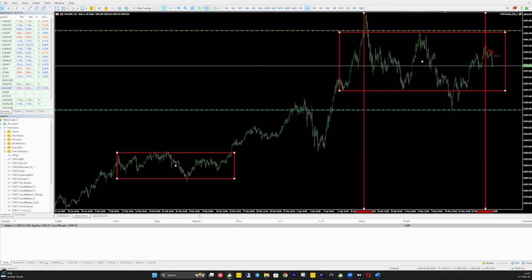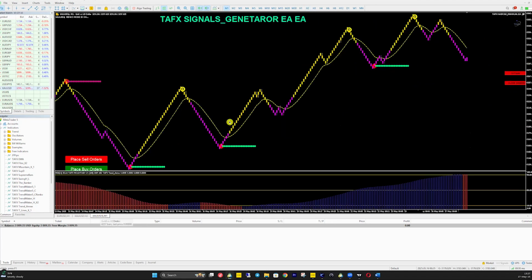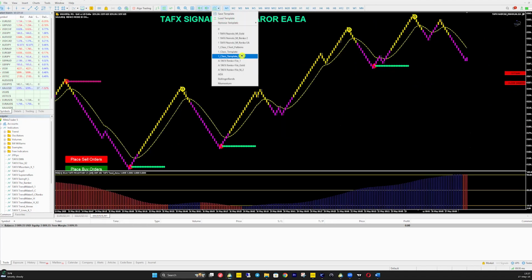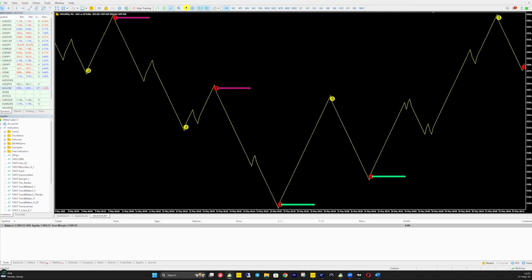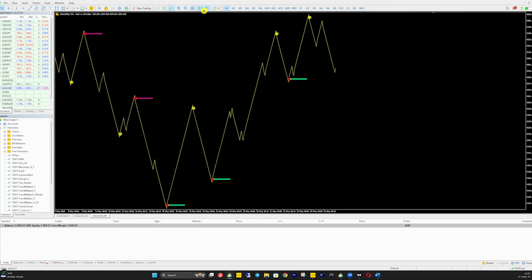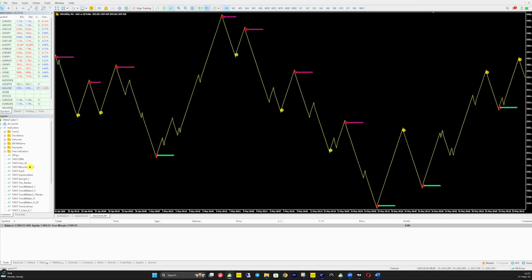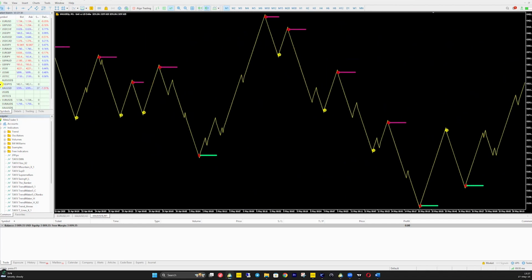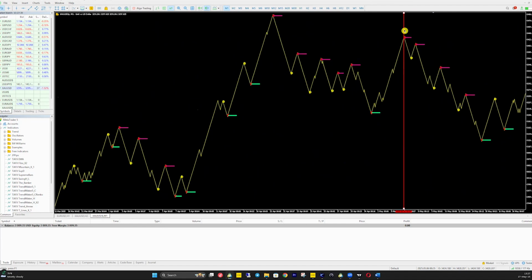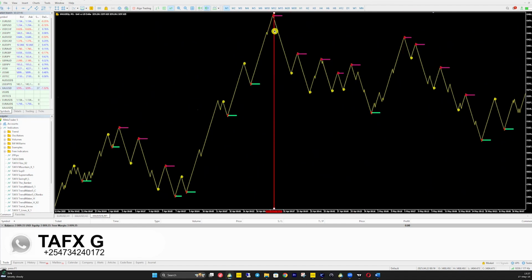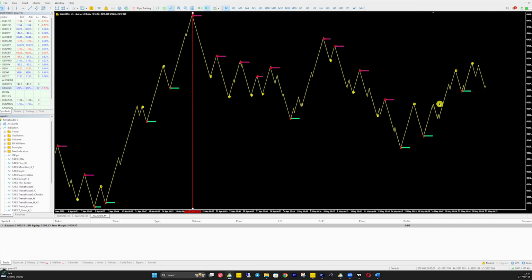Now, let's see from the 21st what Renko would have done to us. But before we get there, let's bring the chart up the way it should be. Now, let's bring it from the 21st to where the market is.